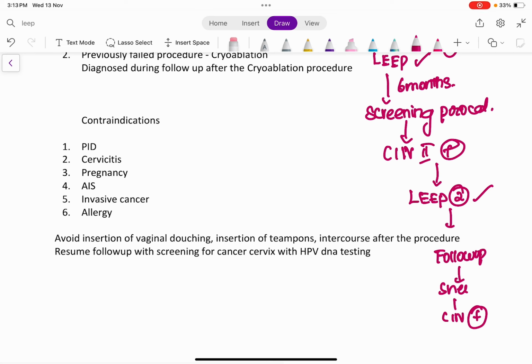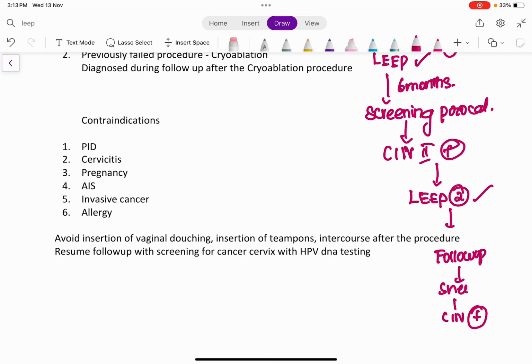Please remember that hysterectomy is never a treatment of choice for cervical intraepithelial neoplasia. But you need to consider hysterectomy when, even after doing the excisional procedures for the second time, the disease is recurrent or persistent in that female.